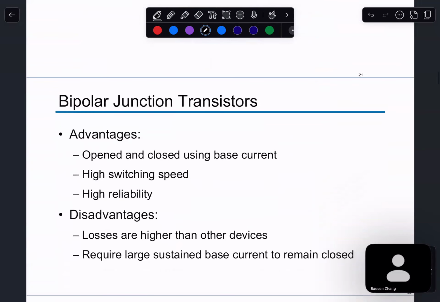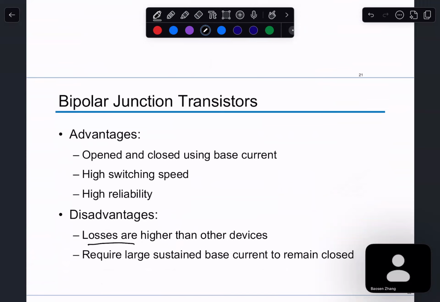The advantage of a bipolar transistor is that it is pretty reliable and very robust. The disadvantage is that the losses can be very high.